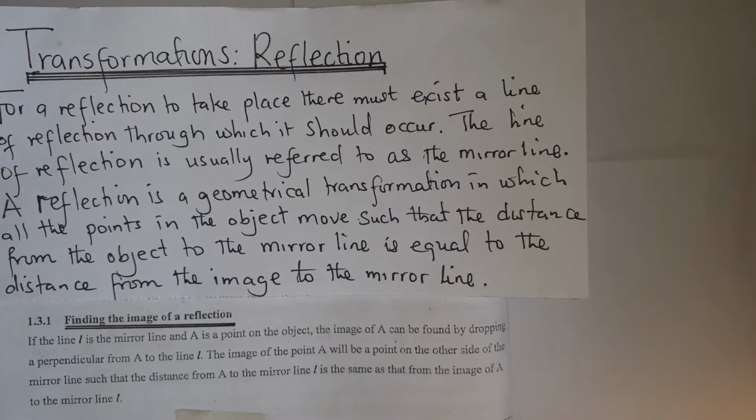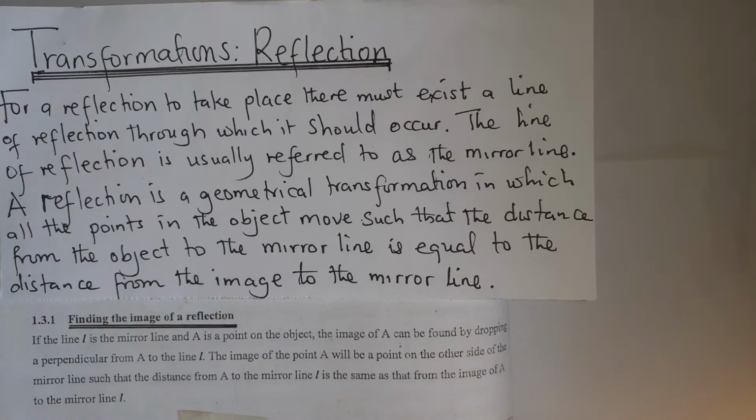So if the line L is the mirror line and A is a point on the object, take note of that. The image of A can be found by dropping a perpendicular from A to the line L, and this line L is the mirror line.